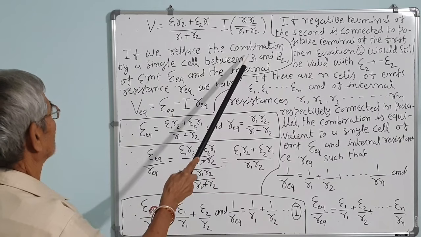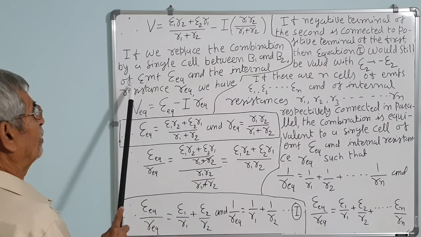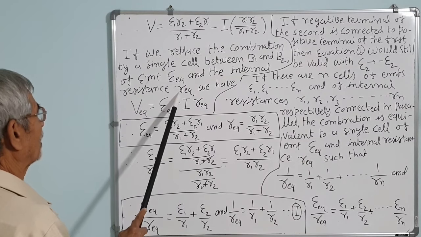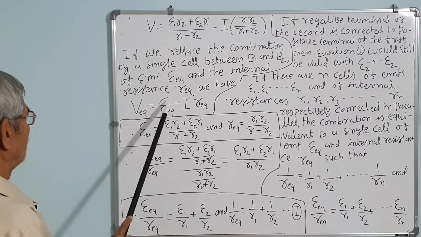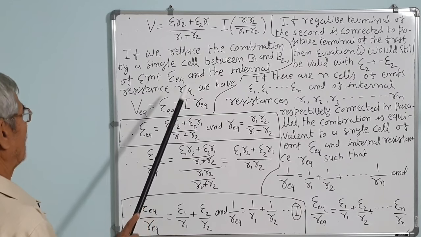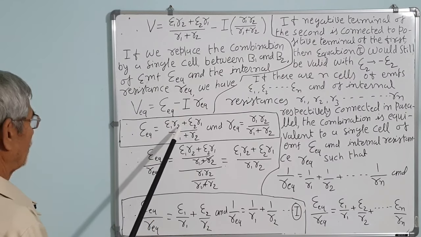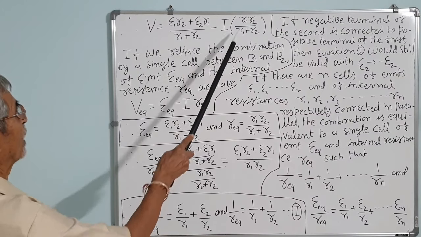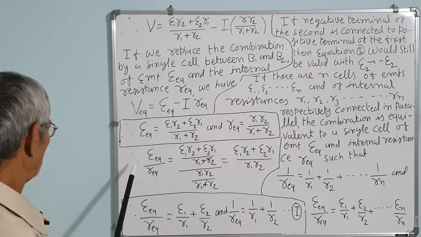If we replace the combination by a single cell between B1 and B2 of EMF E equivalent and internal resistance R equivalent, we have V = E equivalent - I R equivalent. So E equivalent = (E1 R2 + E2 R1)/(R1 + R2) and R equivalent = R1 R2/(R1 + R2).